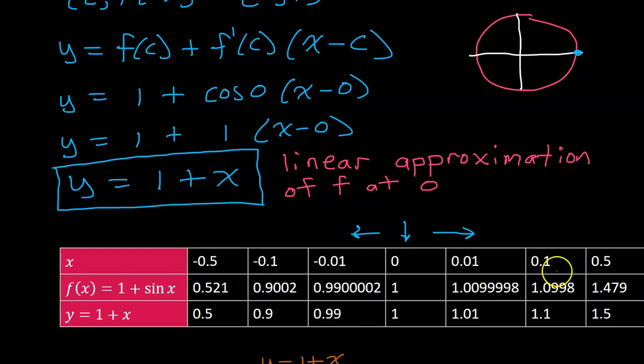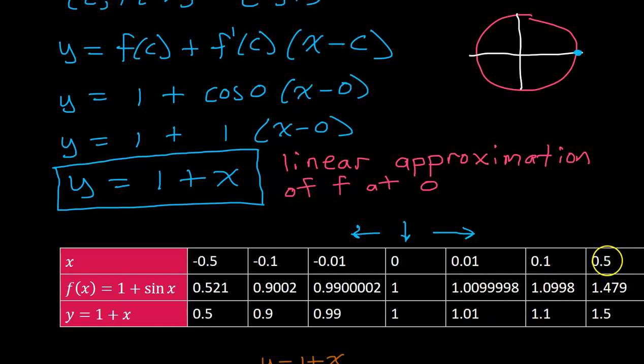As you go a little bit further away, at 0.1, the value of the function is 1.0998. But then our approximation gives us 1.1. Still very close, not quite as close as the previous, but still very close.